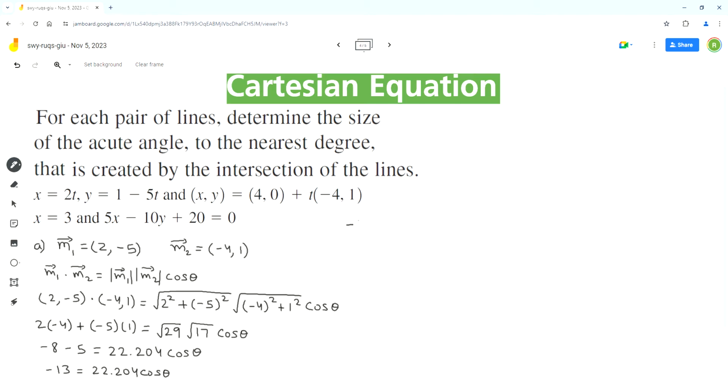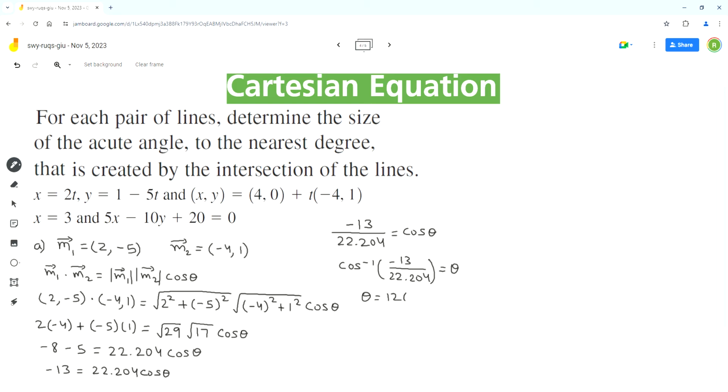So we get the cosine of the angle. Next we can do the inverse of cos. Now we can evaluate the inverse of cos. I get almost 126 degrees.